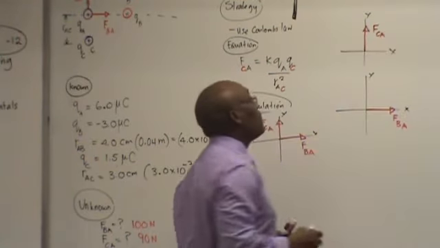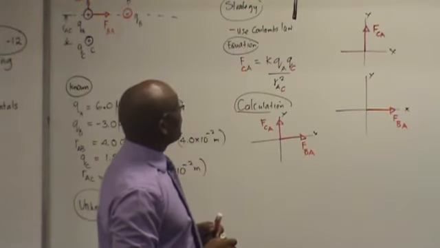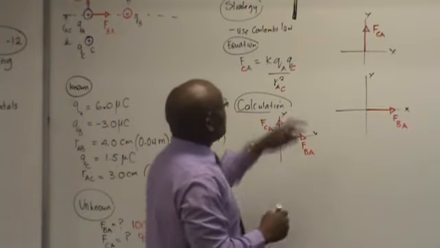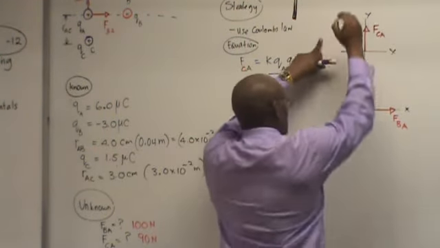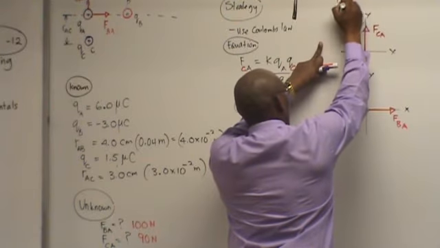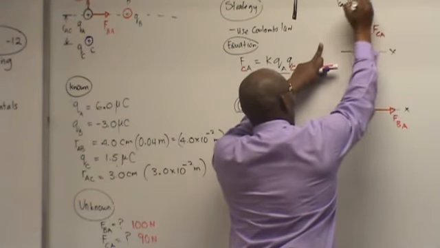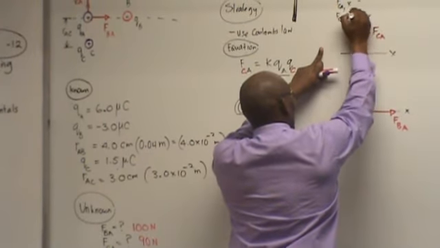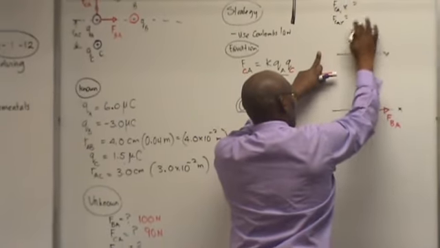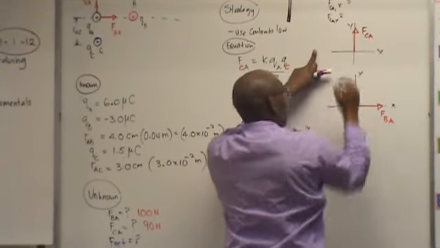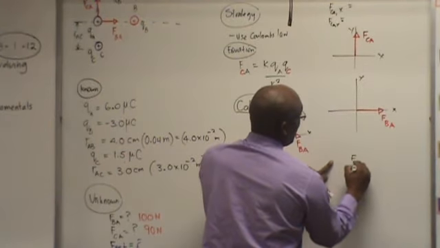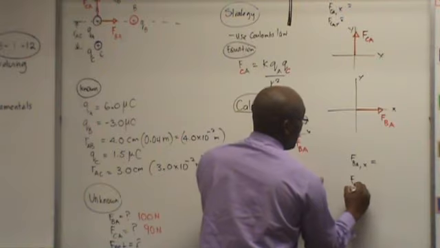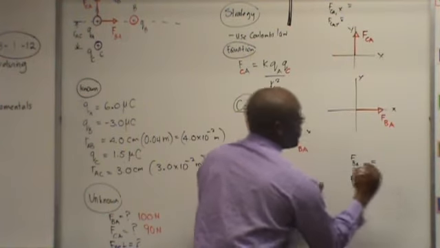Okay, what I need here, up here, I need F of C on A. I need the x component, and I need the y component. Okay? Down here, this is F of B on A. I also need the x component. F of B on A, I need the y component.